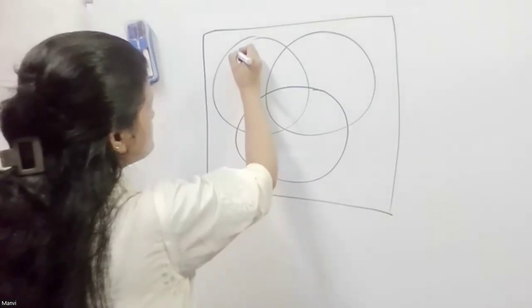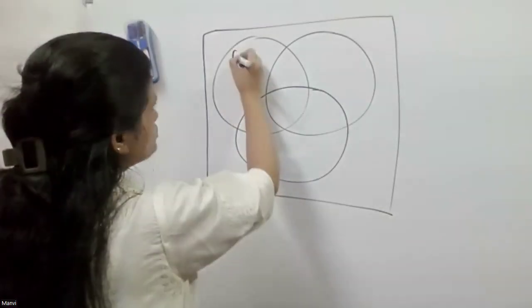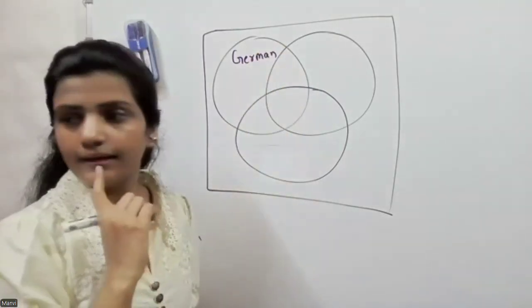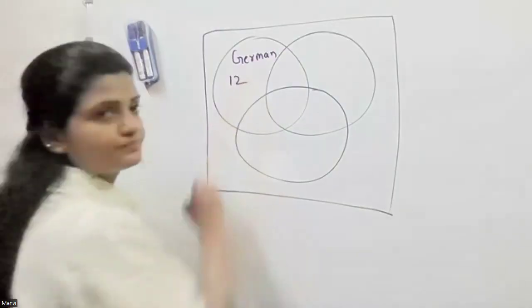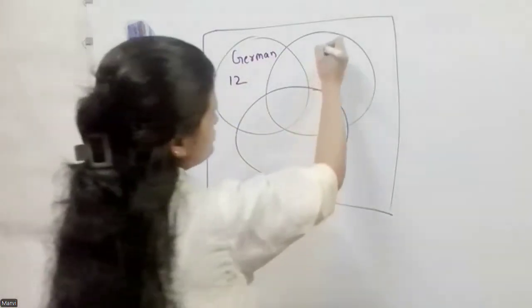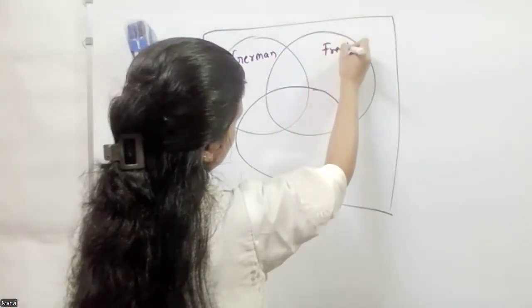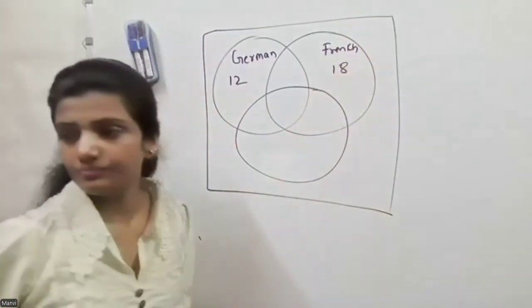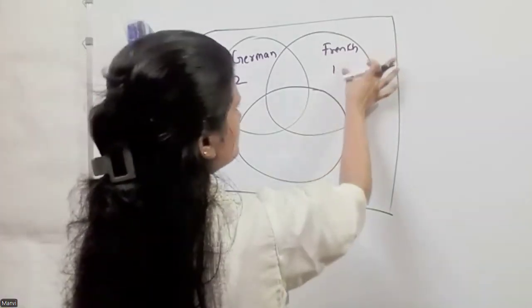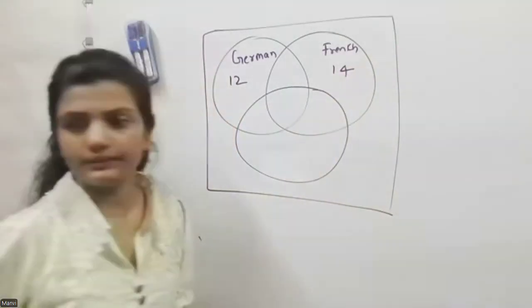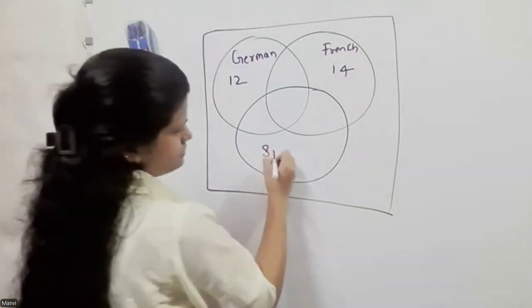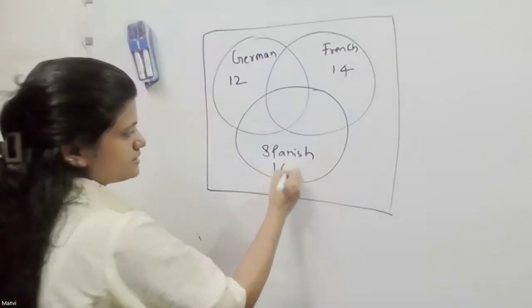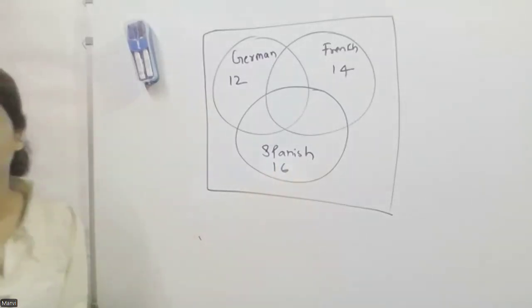There are few who spoke German, 12. Then French, that is 14. Spanish, which is 16. Okay?